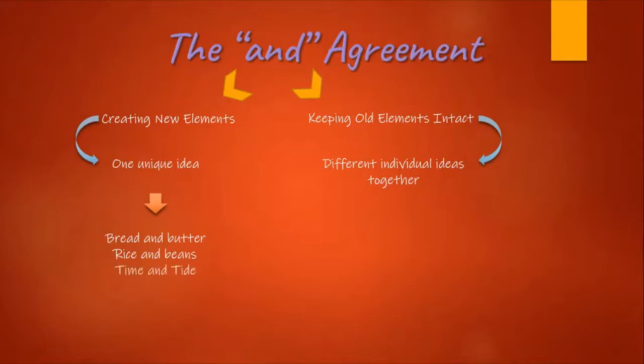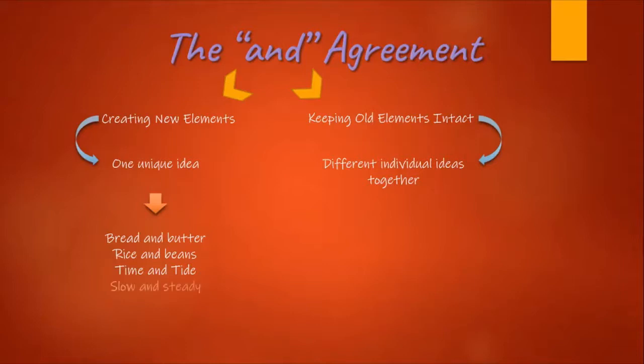Apart from that, when you say time and tide, time and tide are two different things. One is abstract, another you can see on the ocean, right? But when you talk about time and tide together, you are basically talking about one unique idea. Time and tide waits for none.